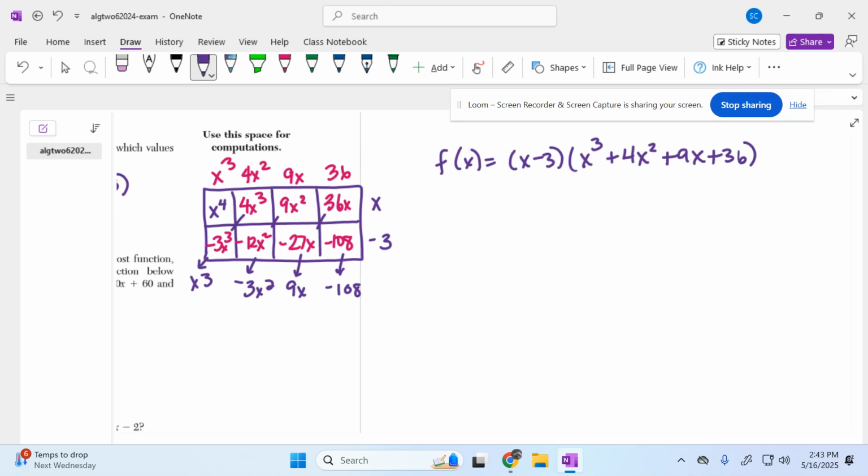To find the remaining factors, I need to factor this cubic expression. So since it has 1, 2, 3, 4 terms, we're thinking grouping. Notice grouping has happened now twice on this test. It's one of those factoring methods they love putting on this exam.